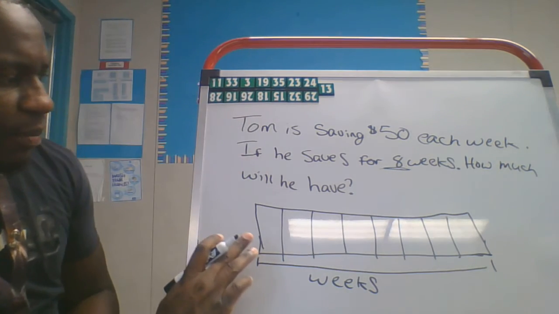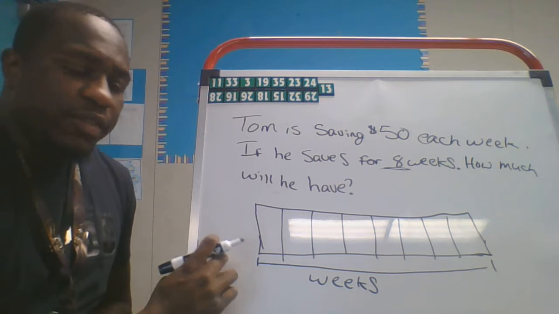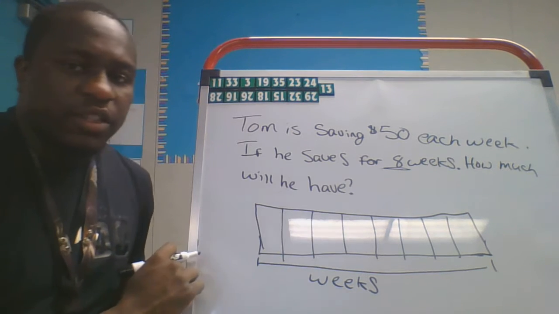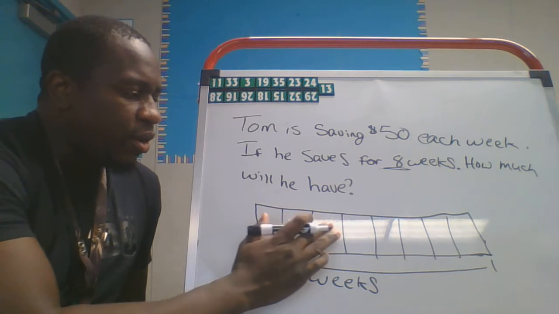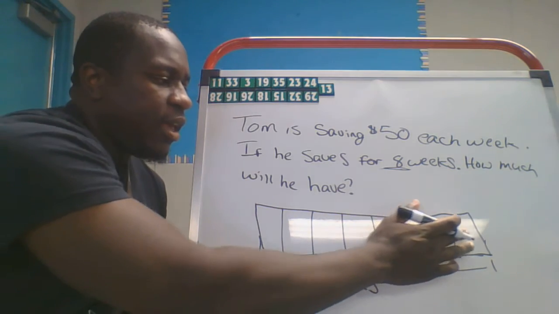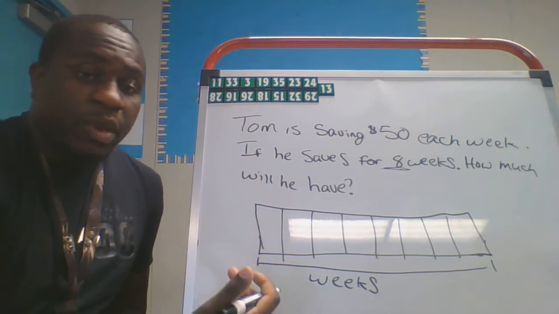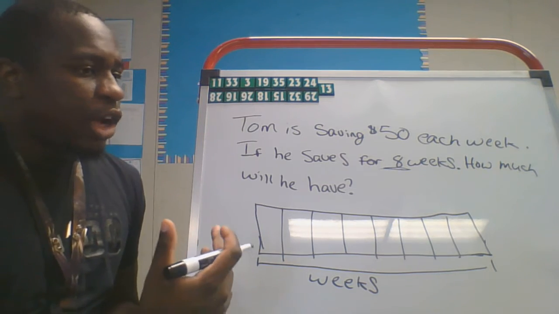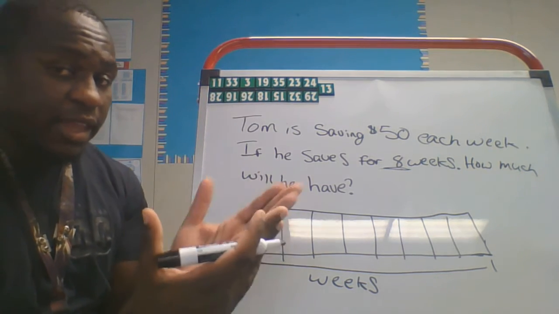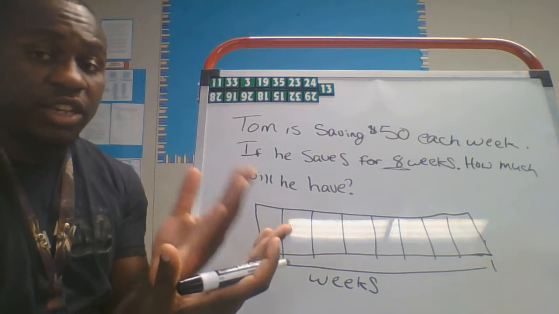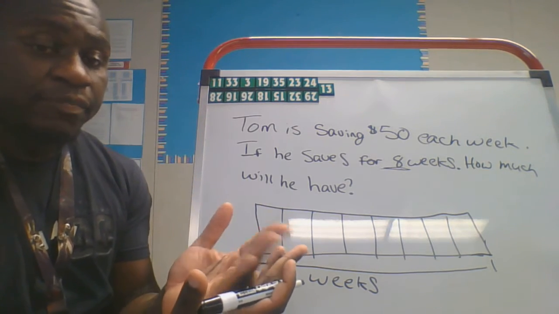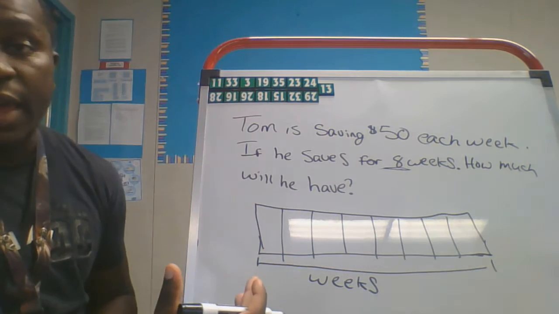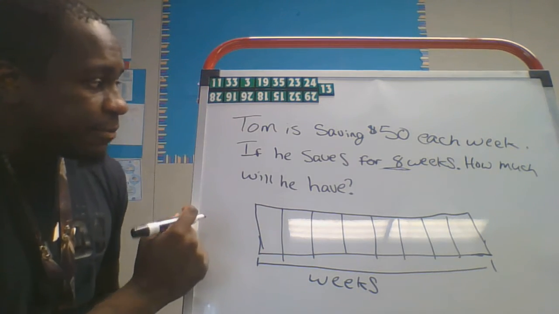And you want to try your best to keep all of these as even as possible because the number that goes into each of these is going to be the same because when you multiply, you're going to be multiplying and repeating that. Multiplying is repeated addition, so you're going to be repeating that same number over and over and over again. So it kind of helps visually if they're roughly the same size.